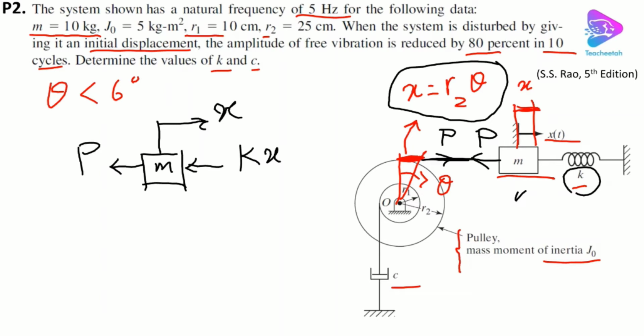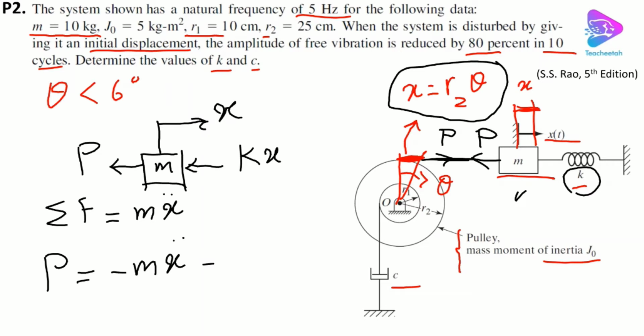Now, if we use Newton's law, we have sigma F equal to m x double dot, and from that we can find P equal to minus m x double dot minus kx.